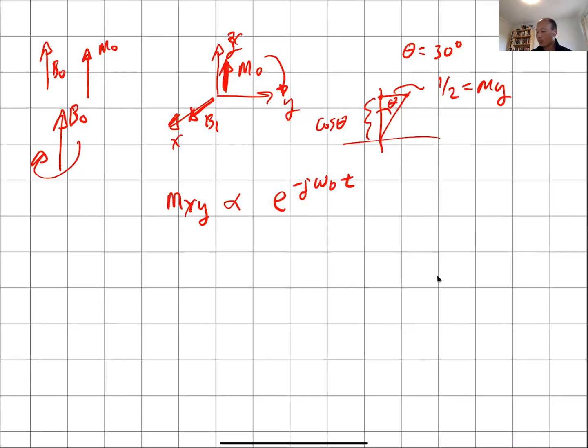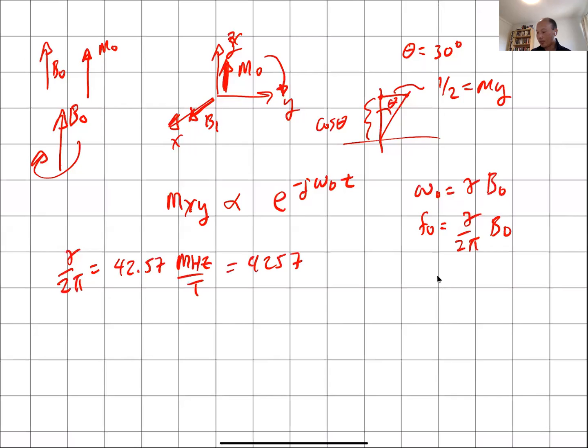And first of all, let's just review: omega naught equals gamma B naught. Similarly, in Hertz, it's gamma over 2 pi times B naught. And so for hydrogen, the proton, we know that gamma over 2 pi is equal to 42.57 or thereabouts megahertz per Tesla, or 42.57 hertz per Gauss.